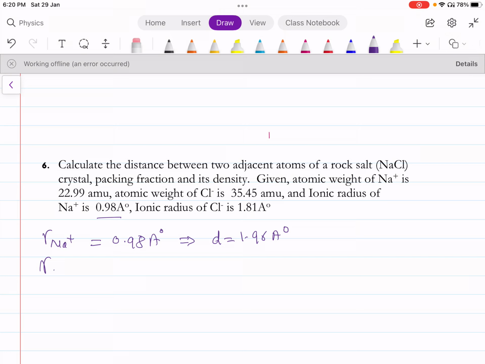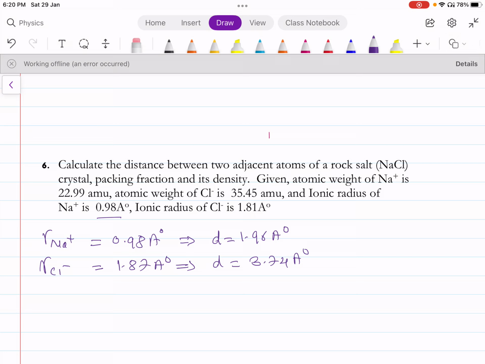Similarly, radius of chlorine ion is given, which is equals to 1.87 angstrom, and so its diameter is 3.74 angstrom. This is given.